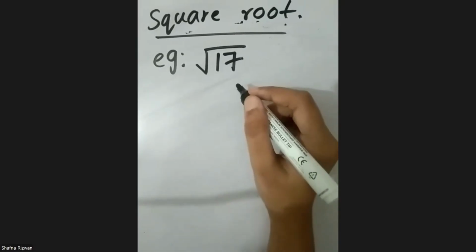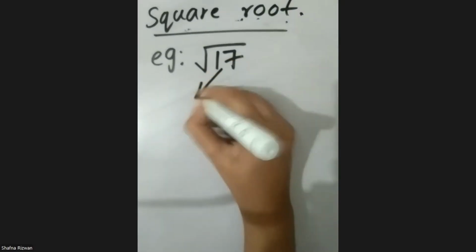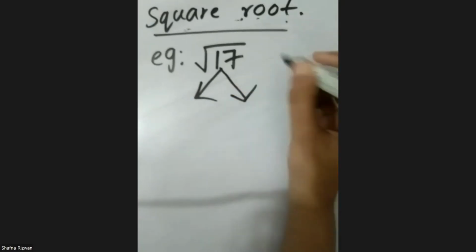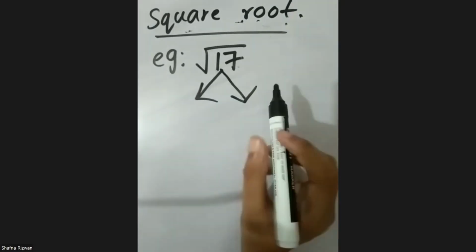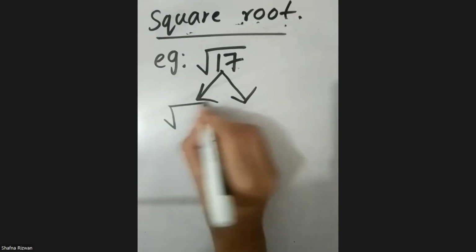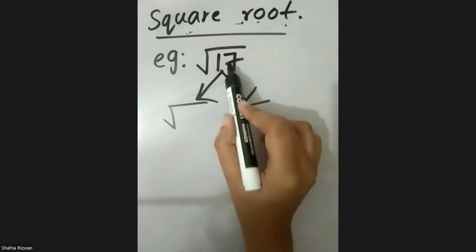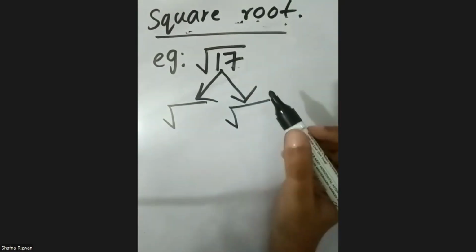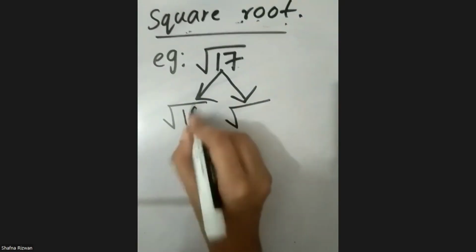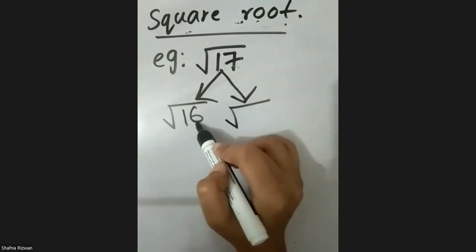First of all, you are going to see what are the two numbers which are closer to 17. If you take lesser than 17, one value can be 16.